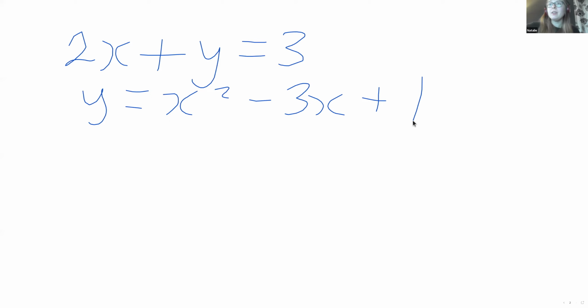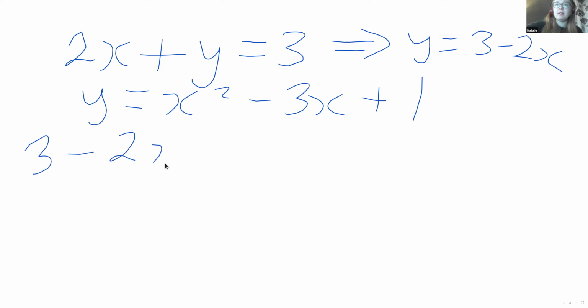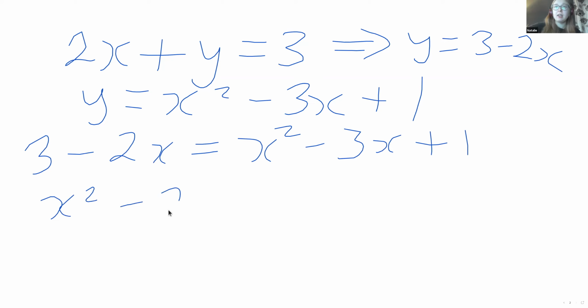We can make this top one the same as y is equal to 3 minus 2x. And then we can say 3 minus 2x is equal to x squared minus 3x plus 1. Which is the same as saying x squared minus x minus 2 is equal to 0.